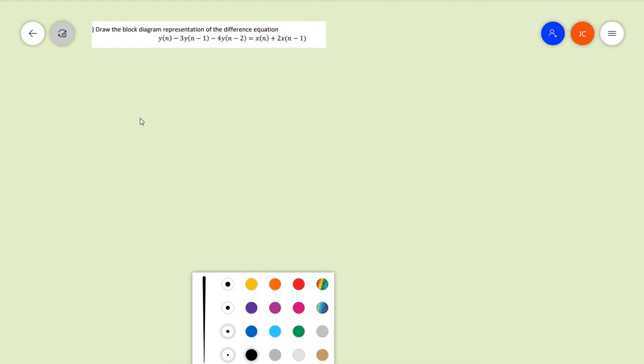Let's go first with our equation. As you can see, there's only one input. However, just like in the first example, we have terms on the input and output.